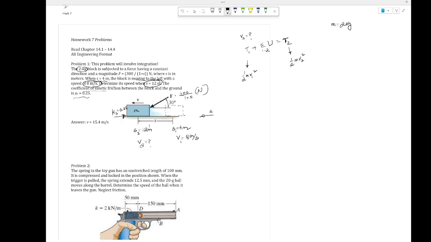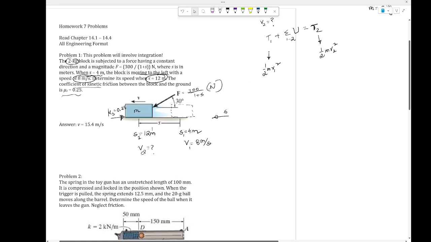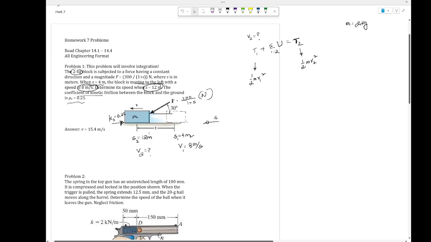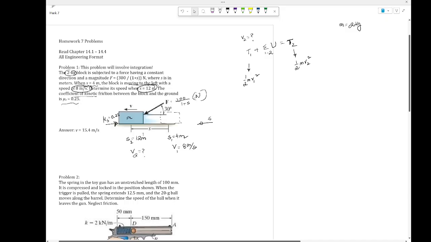Okay, so there are two forces, right? One is the friction force, another one is the applied force, right? So to find the U value due to the applied force F, again, you won't be seeing me solving this, okay?